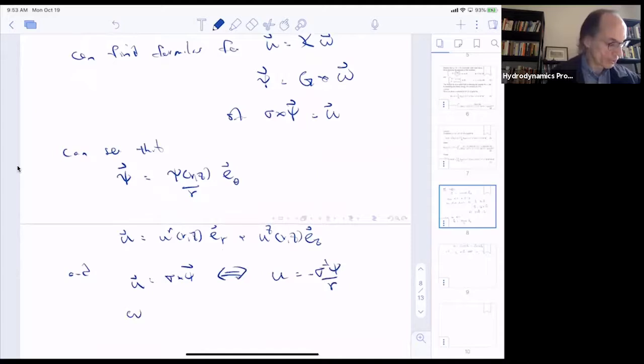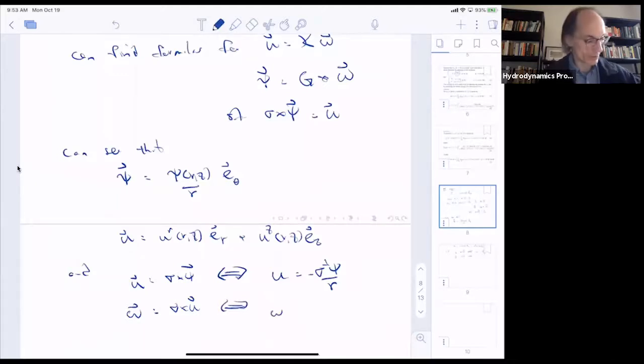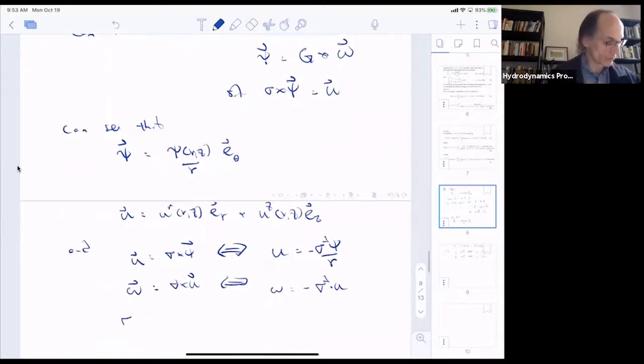Or omega is the curl of u. We'll say that on the half plane, omega is minus grad perp dot u, which I can express in terms of the stream function psi if I wish. And similarly, the divergence of u being 0 will tell us that the divergence of ru is 0.